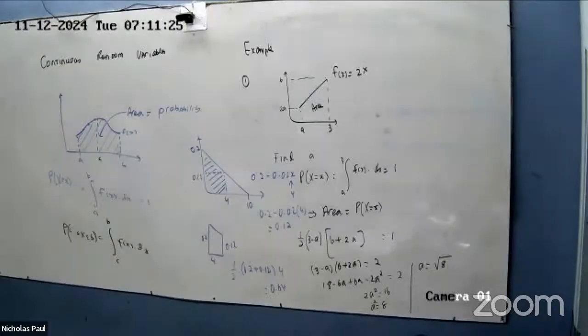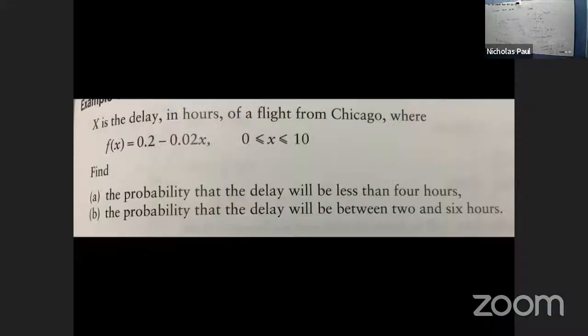All right, next one. Do the last part from now, please. Find the probability between 2 and 6 hours. You'll do the part between 2 and 6 hours.